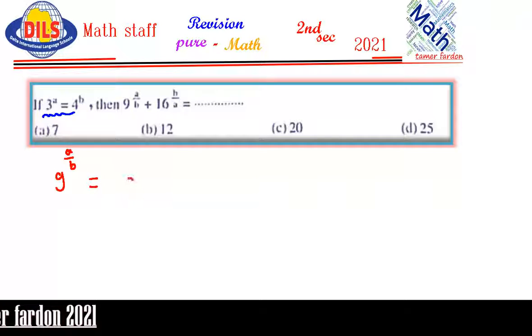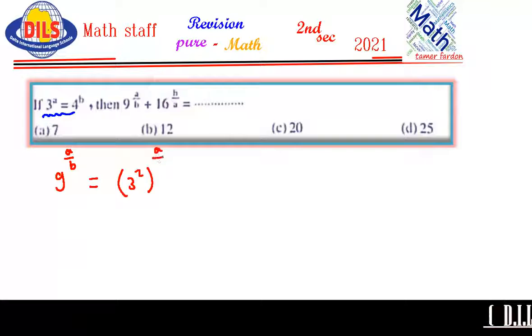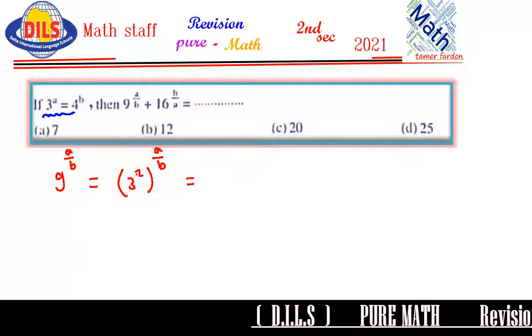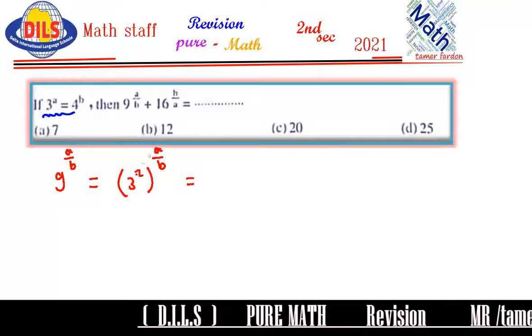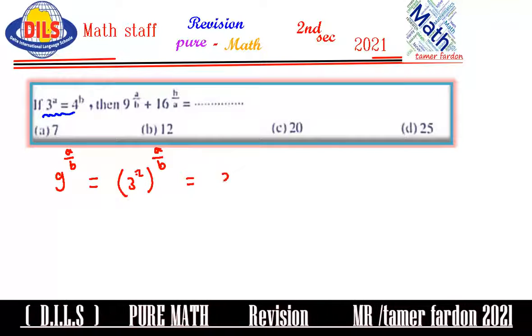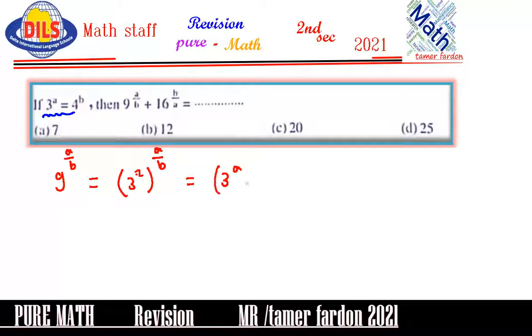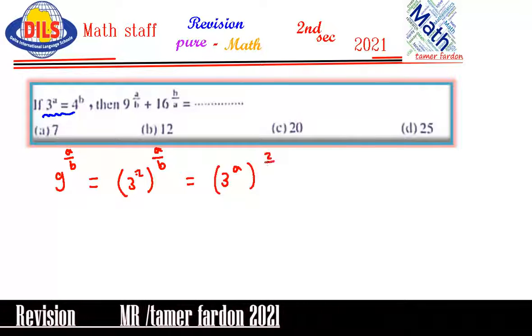This equals 3 power 2, all power a over b. We can change a by 2 to get 3 power a all power 2 over b.